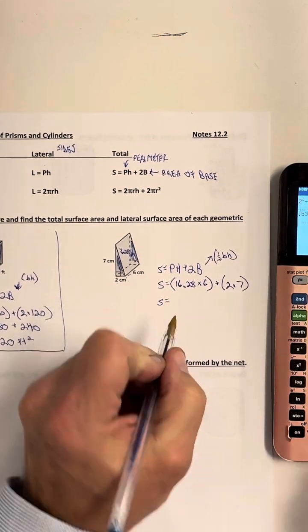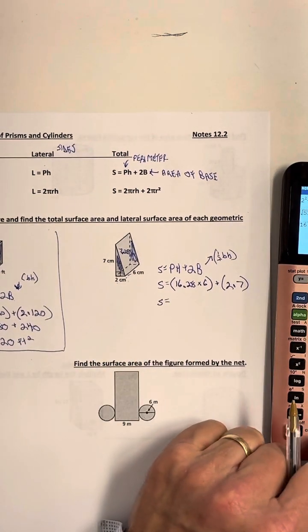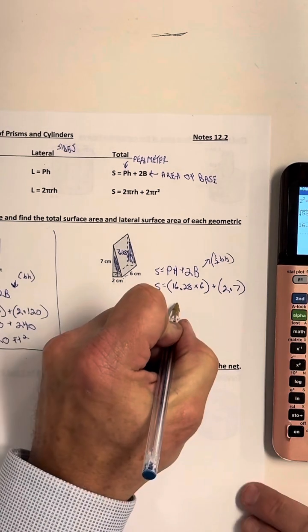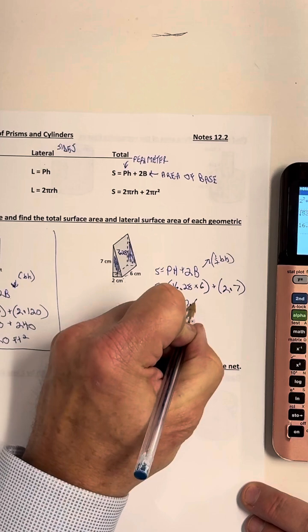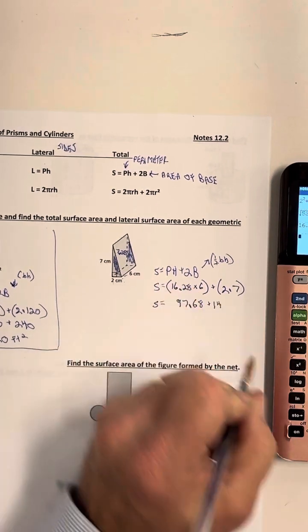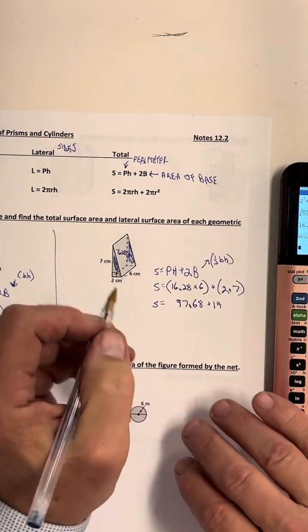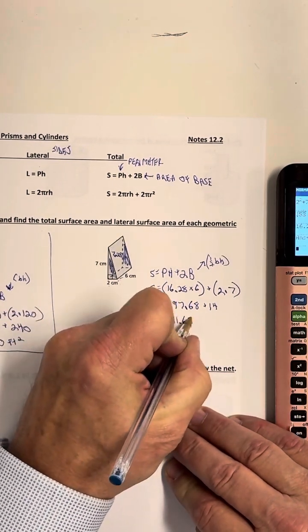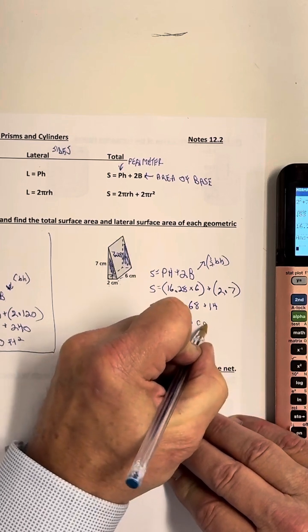So we just multiply it out now. The total surface area is 16.28 times 6 plus 14 is 111.68. That's centimeters squared.